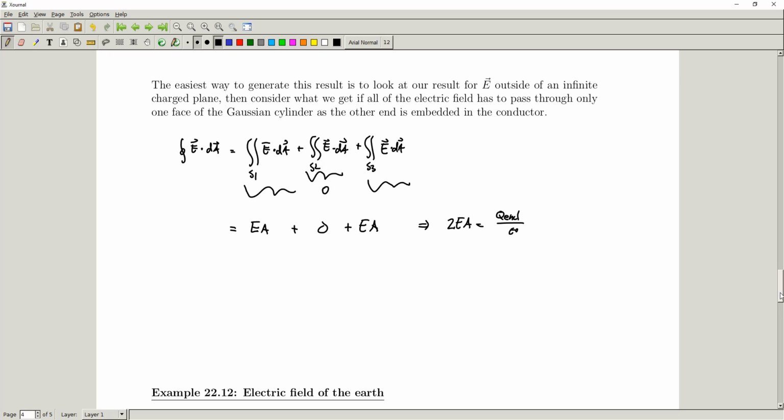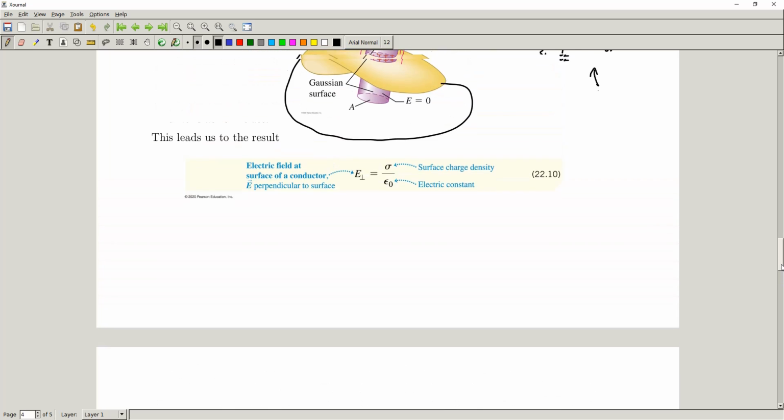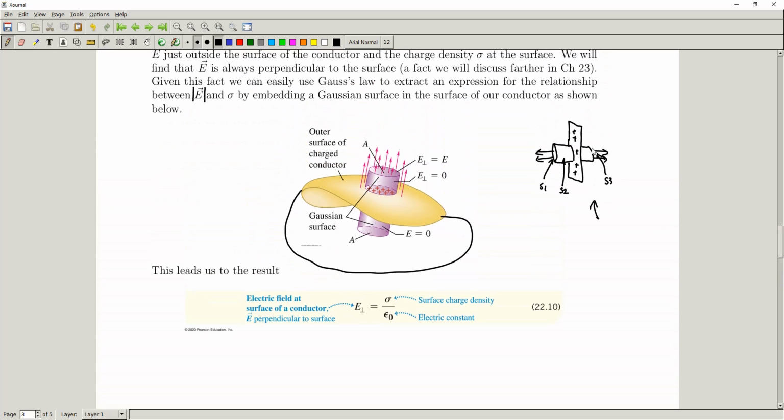But here there's going to be a difference, right? Here we had to be careful because we had to go over both of these surfaces to do both surface integrals. There's going to be no electric field emerging from this side of our Gaussian surface because it's embedded in the conducting material, right?